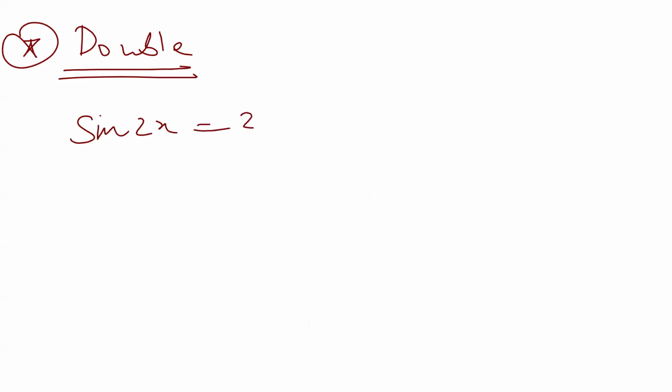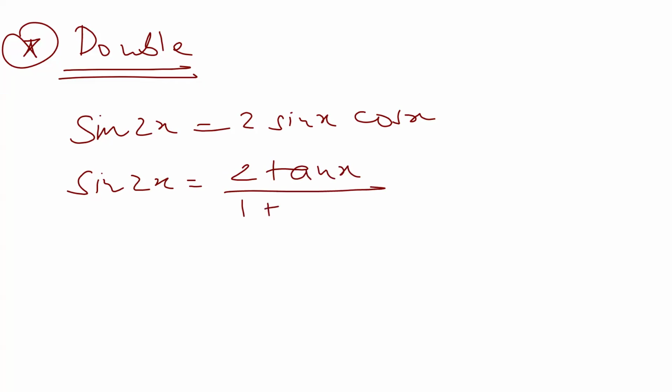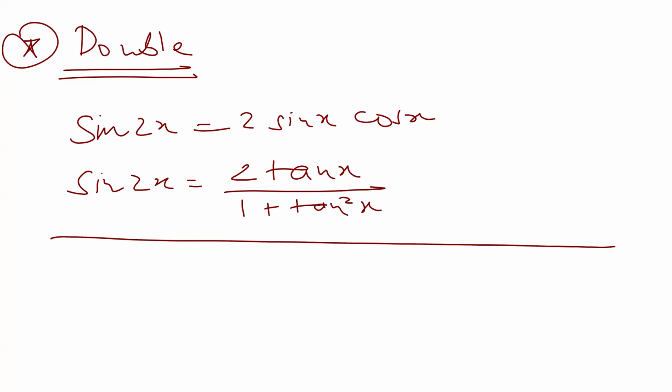Next, the double angle formula or the half angle formula. It's a long list. Sin 2x is 2 sin x cos x. Sin 2x is also 2 tan x upon 1 plus tan square x. Okay.